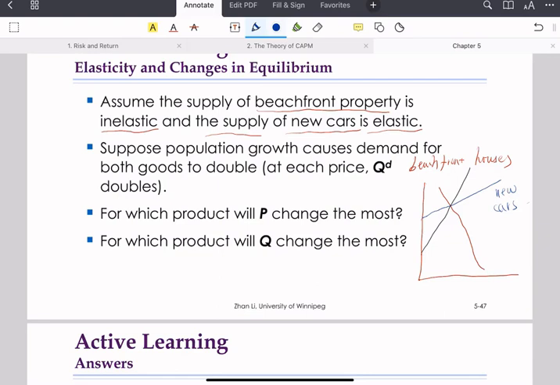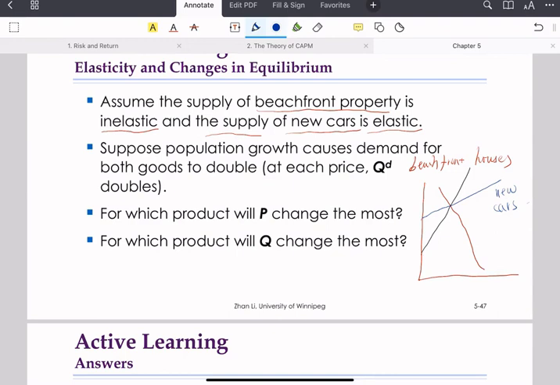The reason is we have learned the supply curve for beachfront property is inelastic. So we want the supply curve for beachfront houses to be steep. And if the supply for new cars is elastic, then we want the supply curve for new cars to be flat. Okay, great.